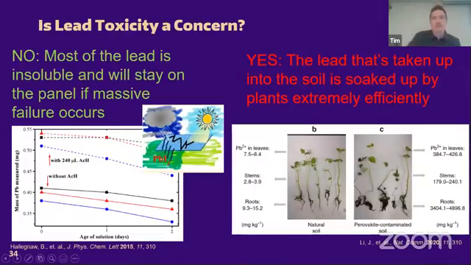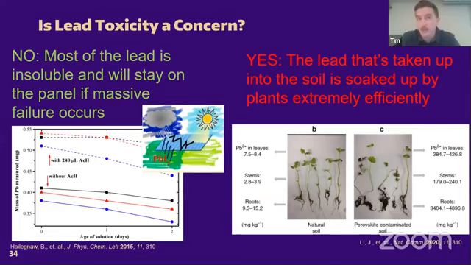the final concern is lead toxicity. If you talk to a lot of researchers in this field, I think they kind of dismiss the idea that lead toxicity will be an issue. Some of the more disingenuous arguments are that you have more lead currently in your car battery than you would have if you were to fill your entire roof and all your siding with lead-based perovskite solar cells.